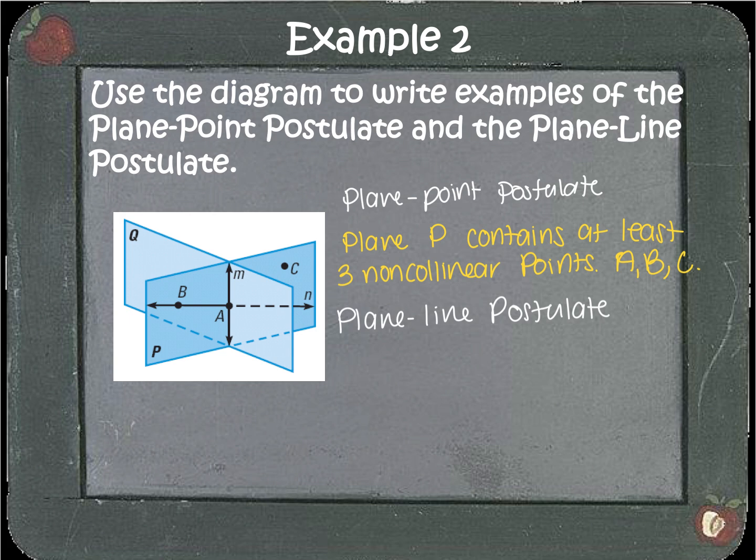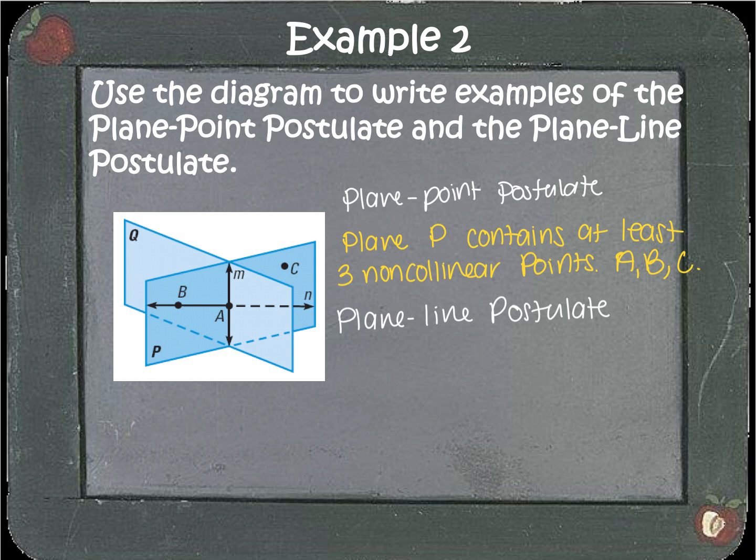Good. So looking at this diagram, which 2 points are on a plane that have a line? Okay, points A and B. What's the name of the line? Line N, and which plane is it on? P. Good.